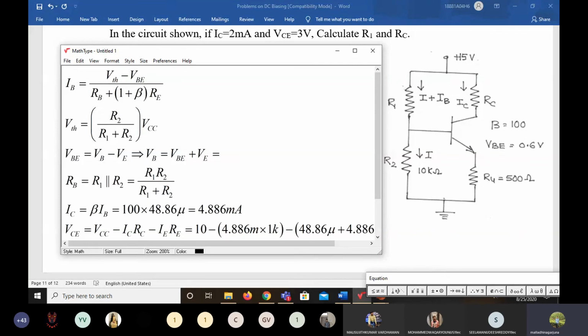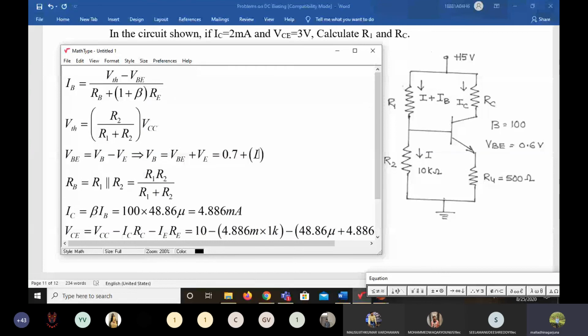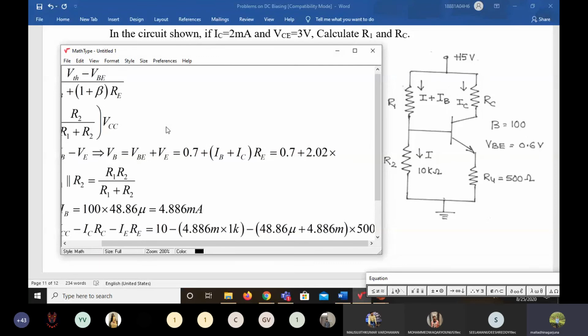So VB is 0.7 plus VE, where VE is IE into RE, and IE I can write as IB plus IC, into RE. IB is 20 micro, IC is 2 milli, so 20 micro plus 2 milli is 2.02 milli. RE is 500 ohms.